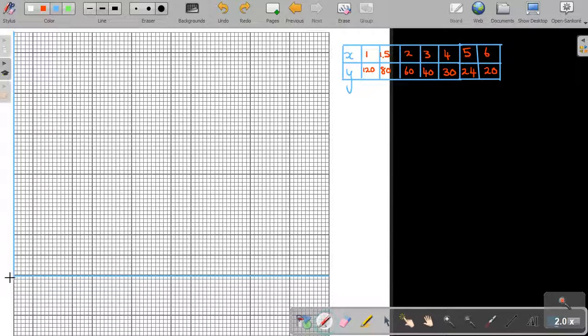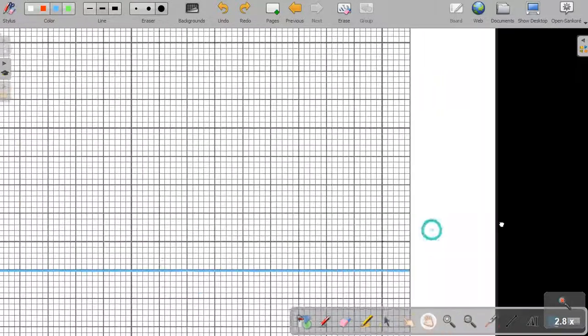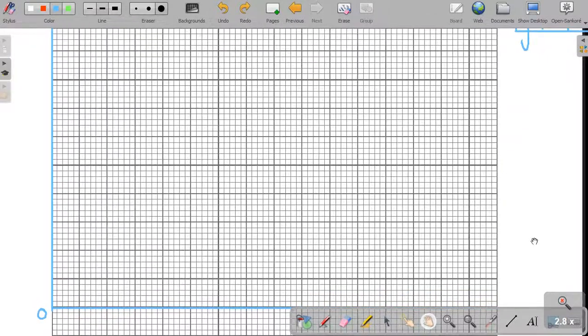Okay, and then this is 0. And then every 2 centimeters is 1, so it's 1.